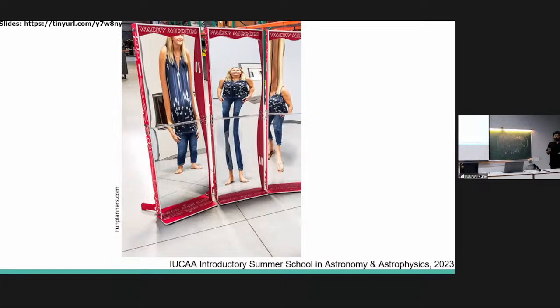So tomorrow you will learn about strong gravitational lensing, when you have multiple images, and how you can use these multiple images to figure out what mass is causing the deflection. And then the day after tomorrow, I will talk about weak gravitational lensing, where you don't see multiple images, but you just see distortions. These distortions are also able to tell you something about the mass distribution.